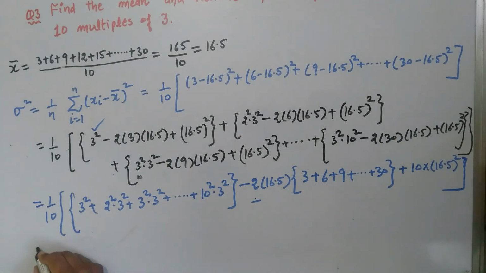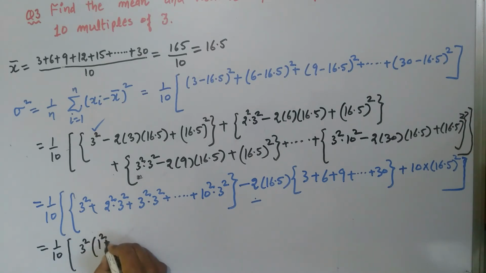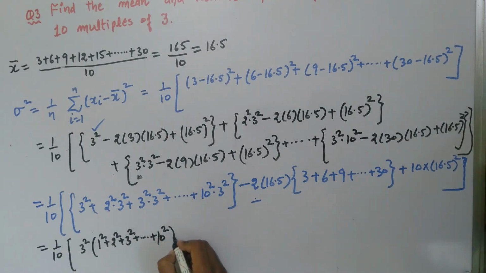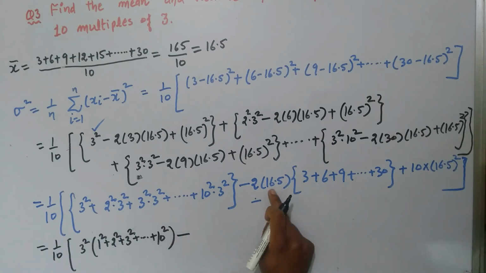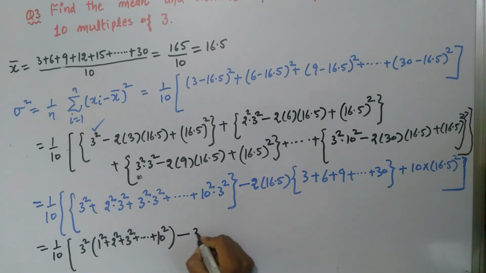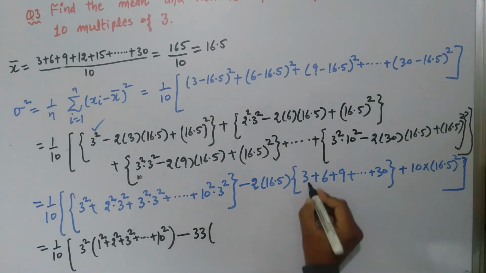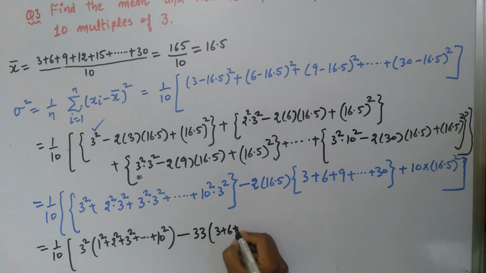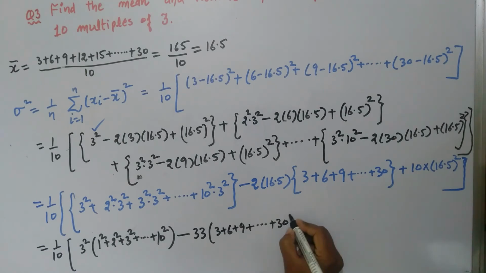Now again here, 1 upon 10, taking 3 square common. What is there? 1 square plus 2 square plus 3 square and so on plus 10 square. Next is minus 16.5 into 2, into 3 plus 6 plus 9 plus so on up to 30.